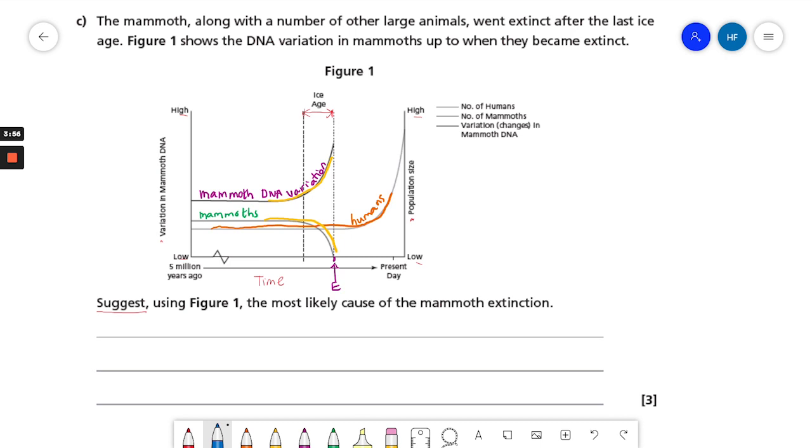So I'll put the sudden increase in variation in mammoth DNA during the Ice Age suggests the population was under stress due to the climatic change.